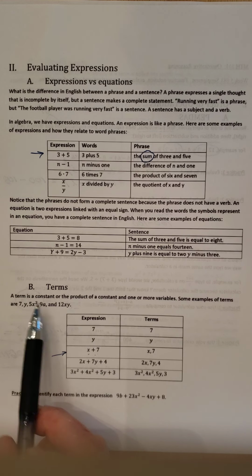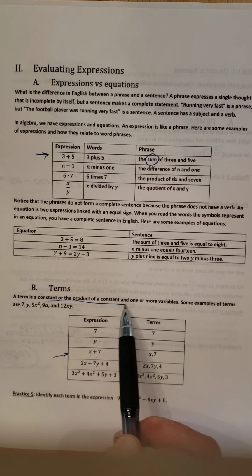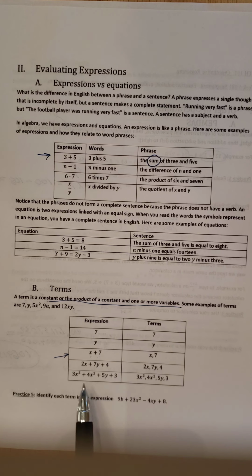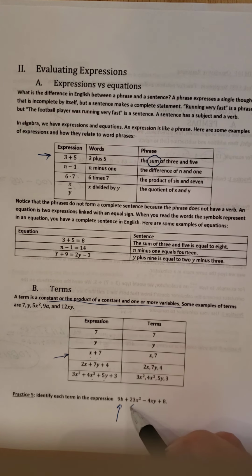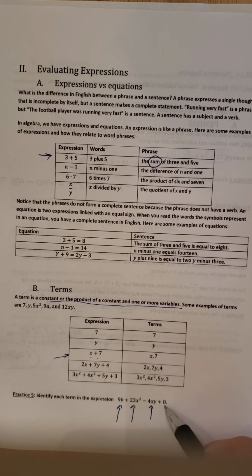A term is the constant of a product in one variable. So 3x squared is one term, 4x squared is another term, 5y and 3 are also all different terms. So identify each term in this. Each one of these is a different term, so that shouldn't be so hard.